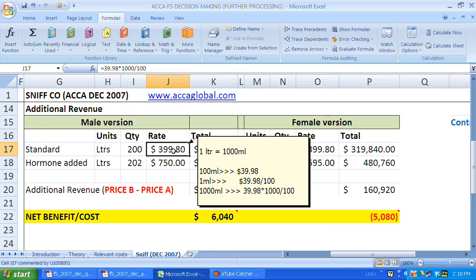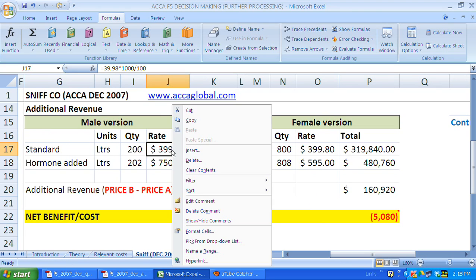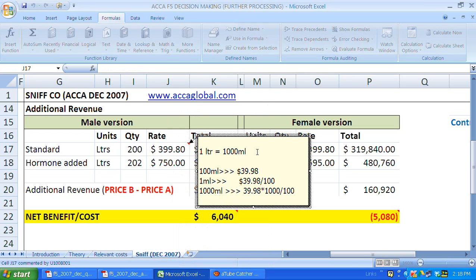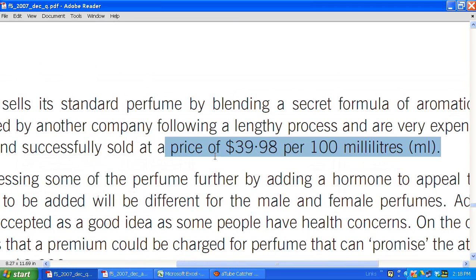Now 1 liter is equal to 1,000 milliliters. Please note, 1 liter is equal to 1,000 milliliters. We've been told that 100 milliliters costs 39.98 right here, so we need to convert this cost to a cost per liter.